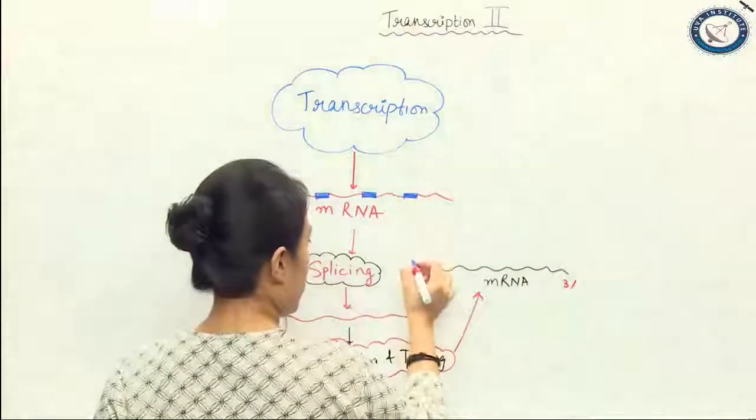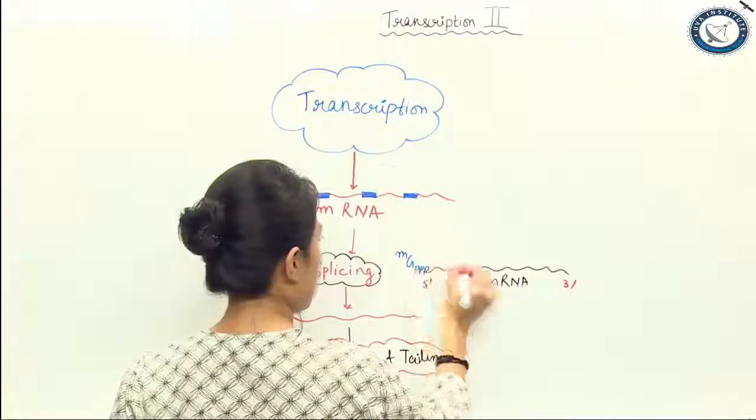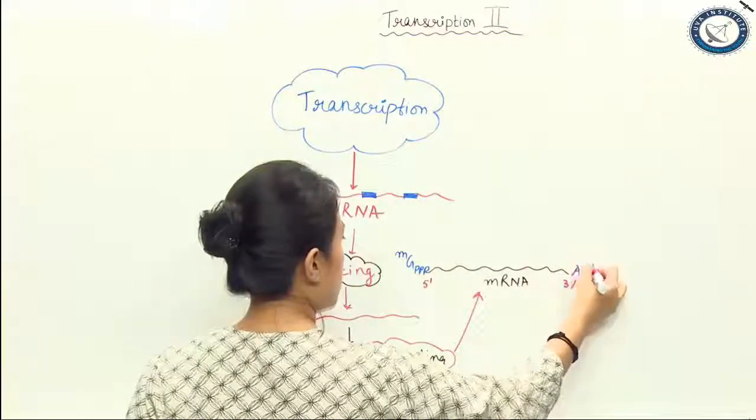So at the 5' end what I get is methyl guanosine triphosphate, and here I get polyA.